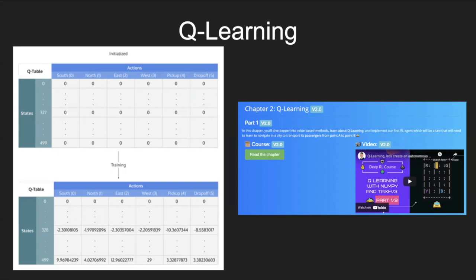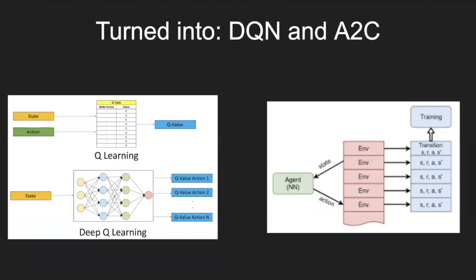Q-learning is essentially making a large table in which the agent gets a positive or negative reward, and it remembers those rewards and stores them in a table. Then when it goes back through, it's able to find the most optimal path to its goal state, in which it receives the most reward for getting there. Unfortunately, that didn't work, and so we needed to move to a more complex algorithm.